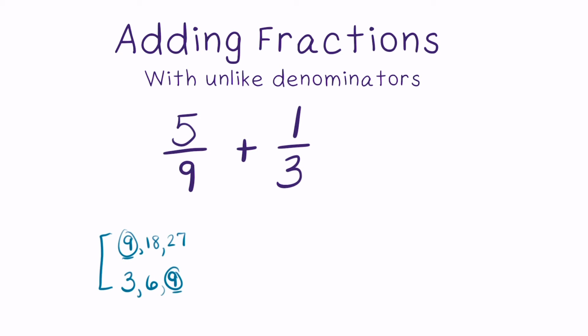Now that we've identified 9 as the denominator that we're going to use in this addition of fractions problem, we have to make sure that both addends are represented as ninths. In this case, that means that the first addend can just stay the same, 5/9. It's already written in ninths, so it can stay 5/9.